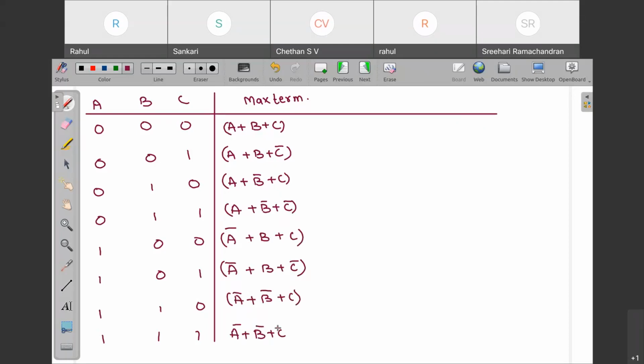So this corresponds to your capital M0, M1, M2, M3, M4, like this till capital M7.